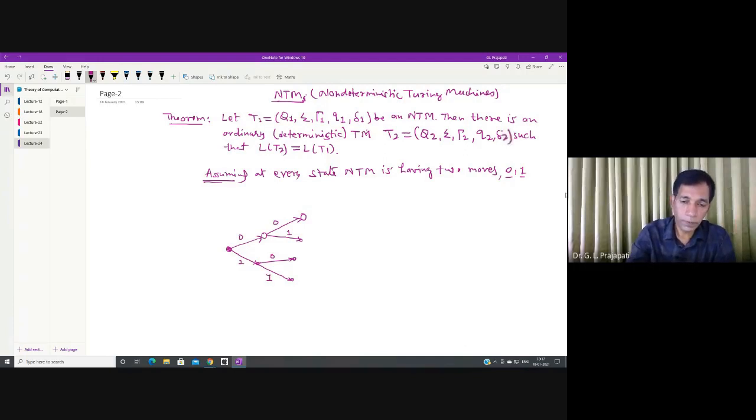Now from this configuration, your machine can go to some different configuration by exercising the move number 2. We have assumed that at every state we have two moves, move number 0 or move number 1. So your Turing machine is like this. Exercising the move, it goes to this place.